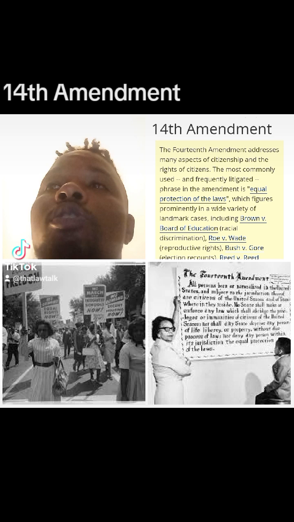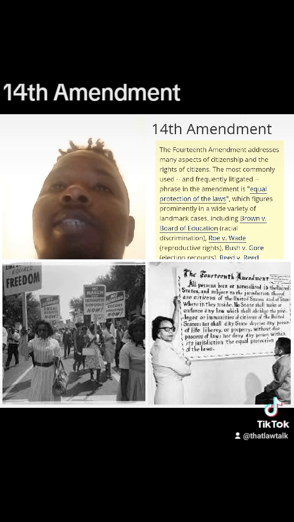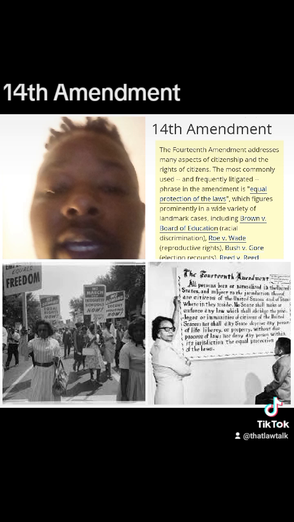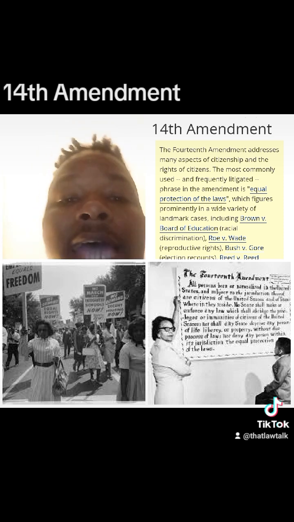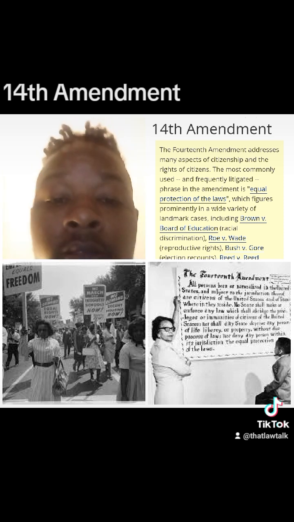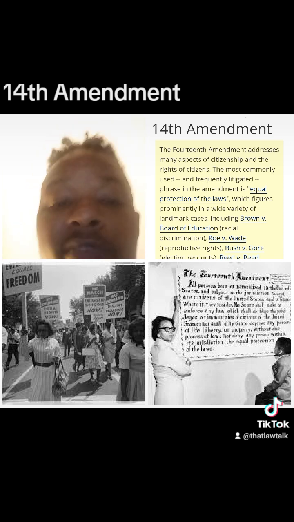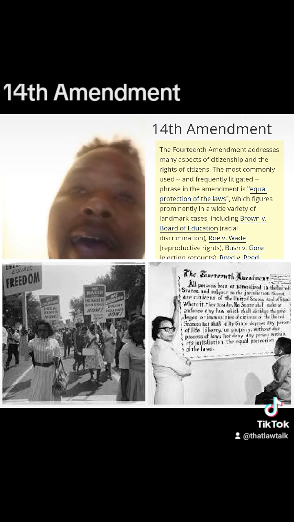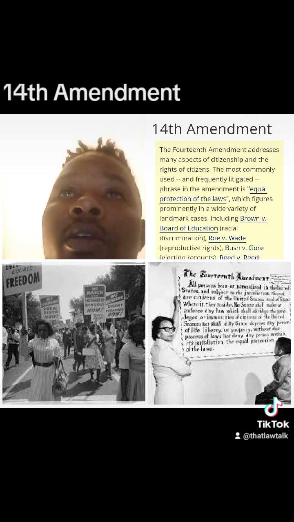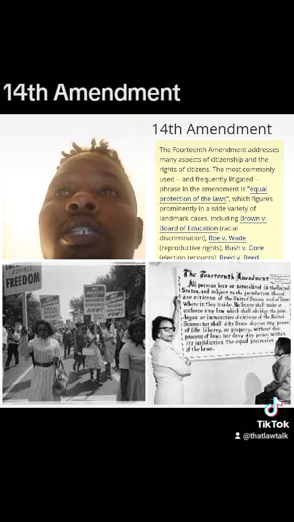It overruled the Supreme Court's decision in the Dred Scott versus Sanford case, which denied citizenship to African Americans. This has not been overturned yet. This has never been overturned.